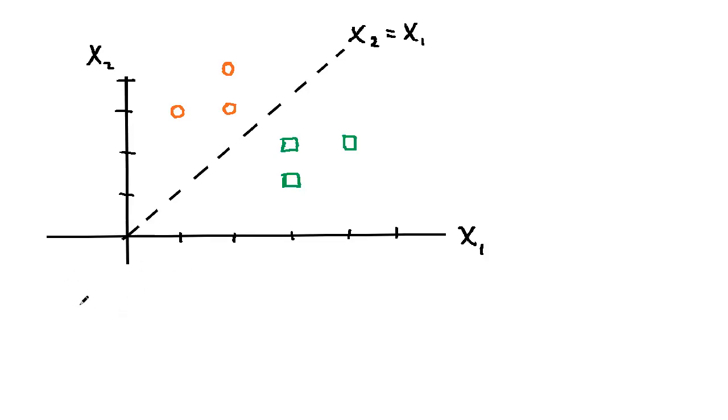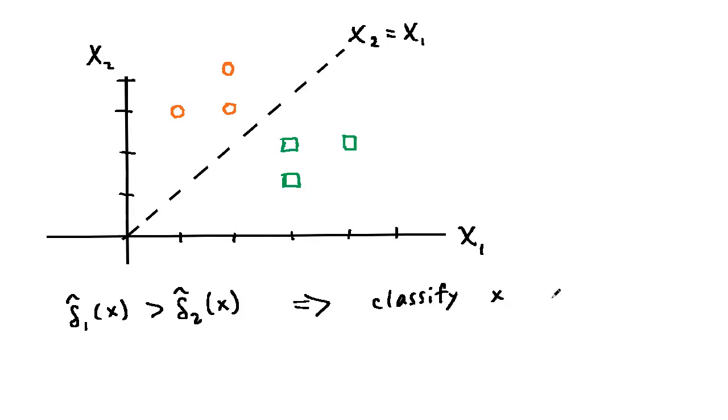Now if delta 1 hat of x is bigger than delta 2 hat of x, then we classify x as of class K1. So if x is above the line x2 equals x1, then we classify x as of class K1.